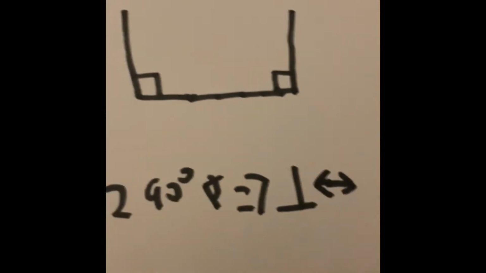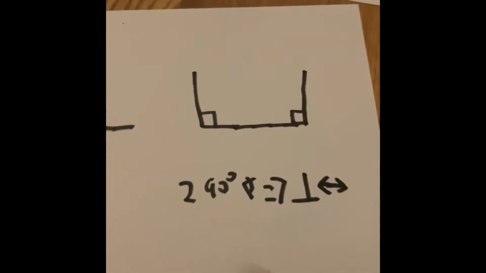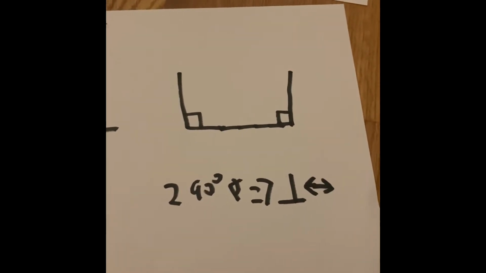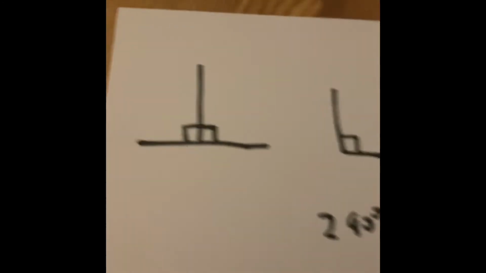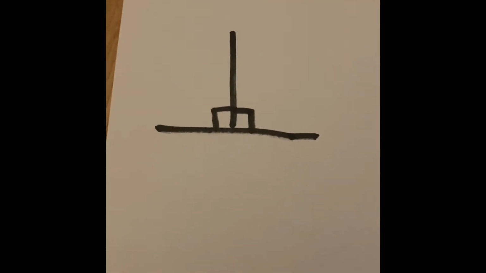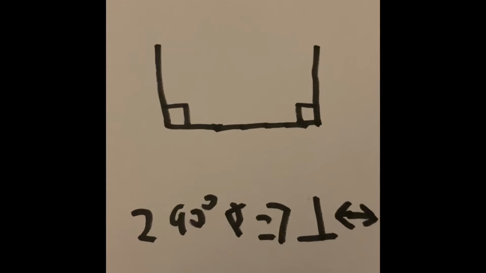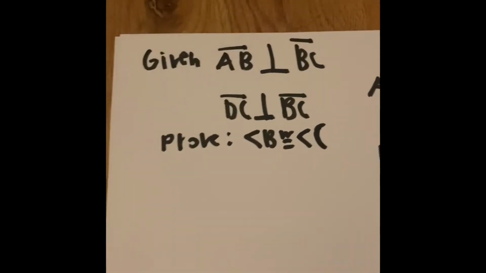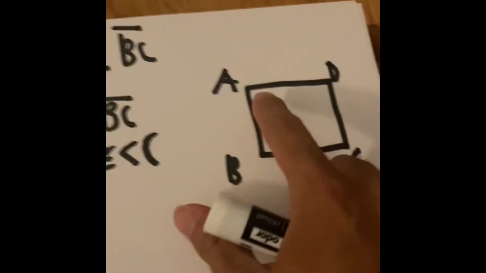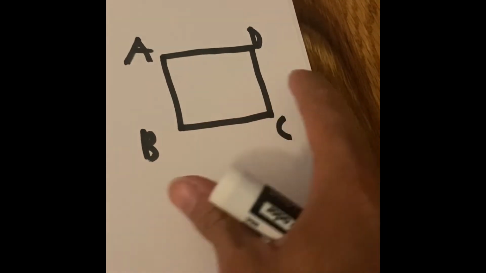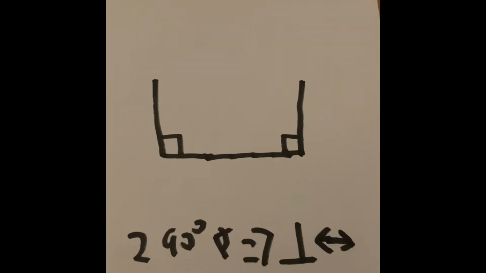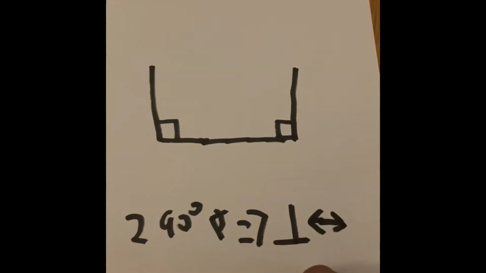So the only rule is you must have two 90-degree angles, and they can be pronounced as perpendicular. This is how you normally see it, but this is another way of seeing it. That's why you probably got confused when it said that this is perpendicular to that. They're not exactly back to back like this, but it's still following the rule.